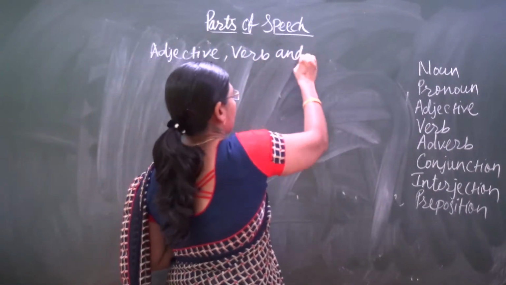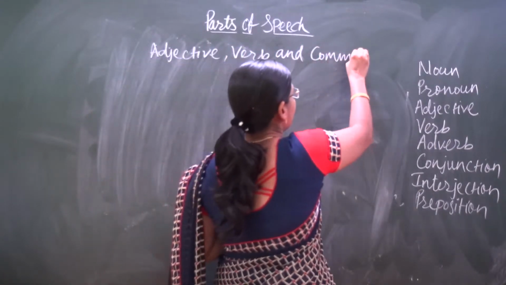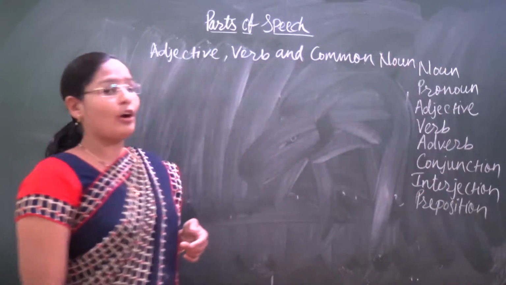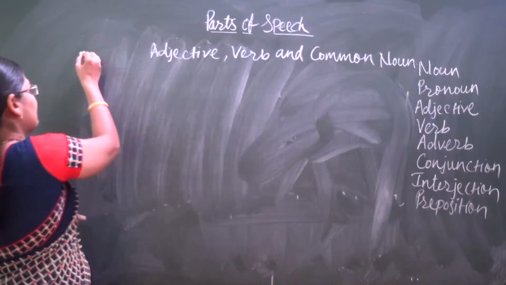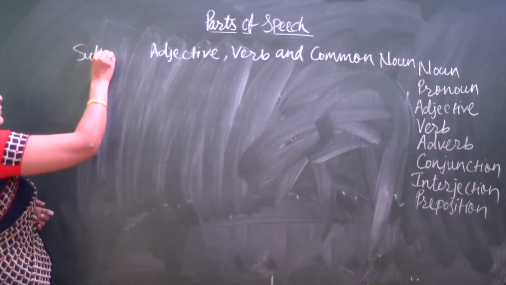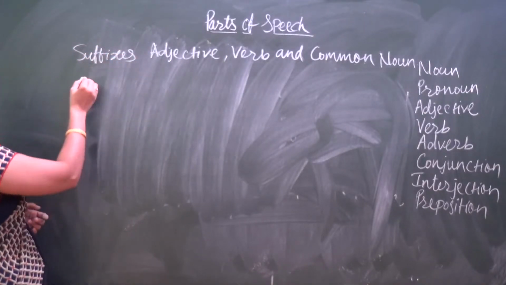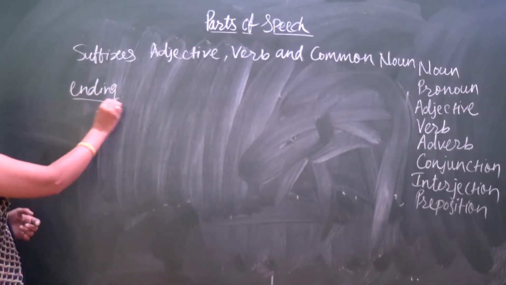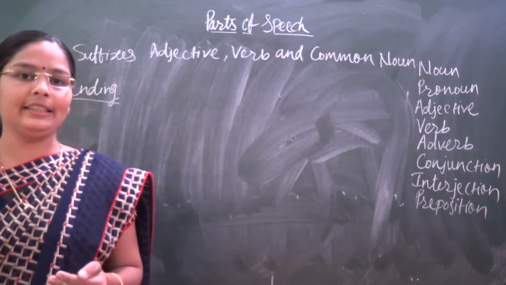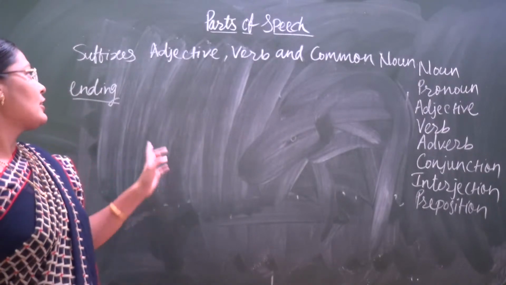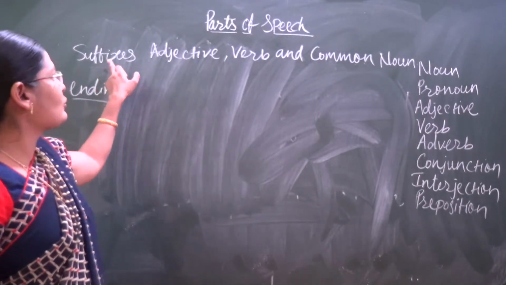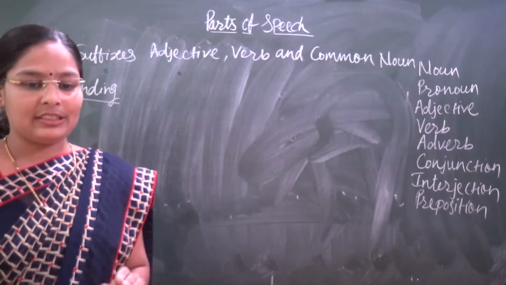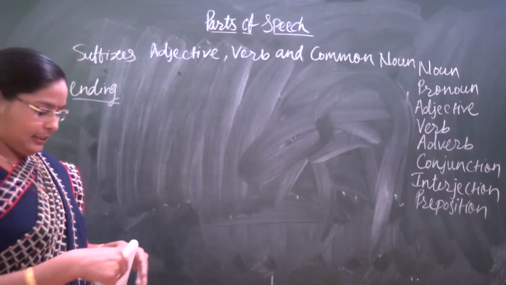Nouns have particular endings and we can identify the noun by its ending. So, nouns are formed by adding suffixes to adjectives, verbs and common nouns. So, which are these suffixes? Let's have a glance at them.